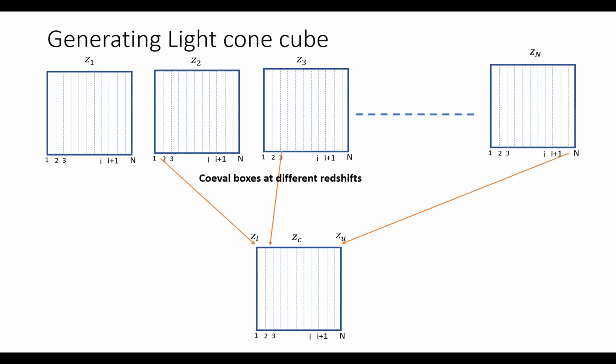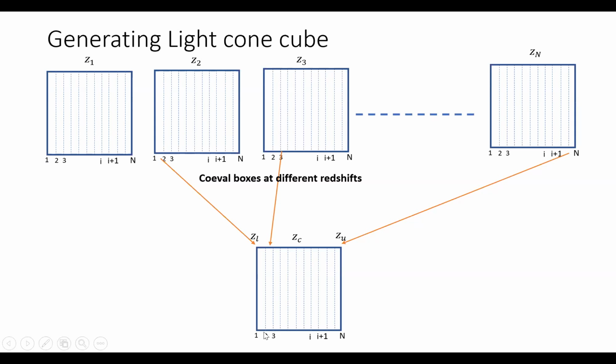But the other method that Rajesh has developed, and you are also part of that, is that we don't basically interpolate, but we just pick up chunks from each coeval box. So let's say index number 1 to 2 is basically the same redshift, the entire slice from 1 to 2.